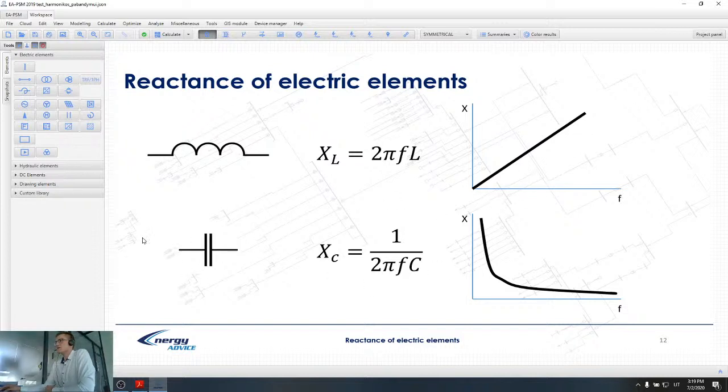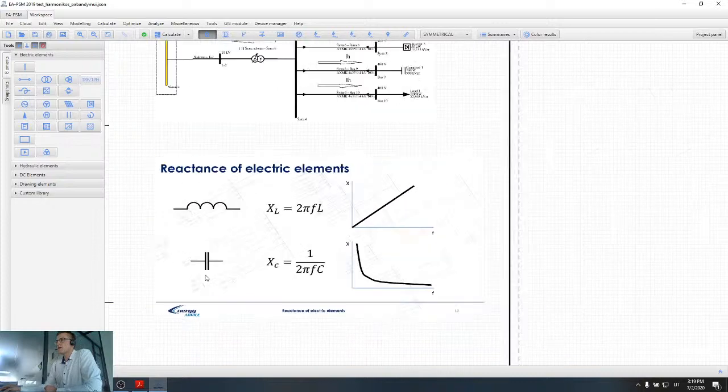And with the capacitor, the capacitor actually shunts harmonics by consuming them. So a lot of harmonics normally are flowing through the capacitors in the electrical network, and this creates problems.